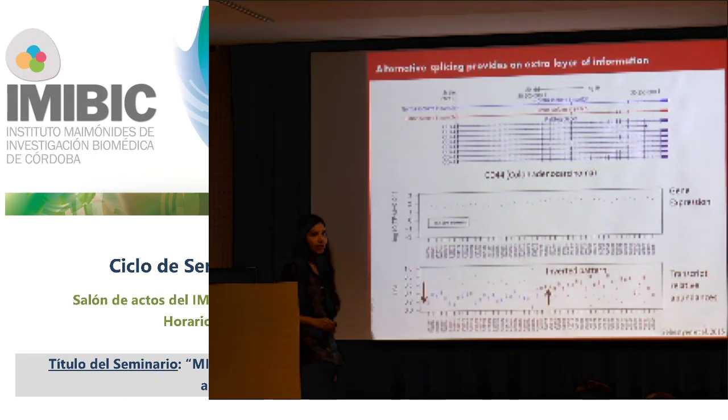Okay, why do we study splicing at all? This is what is happening. If you don't study at a transcript level, take this example of the CD44 gene. If you only study gene expression level, you see that the expression in all of these patients is more or less the same. There is no difference between tumor and normal samples.